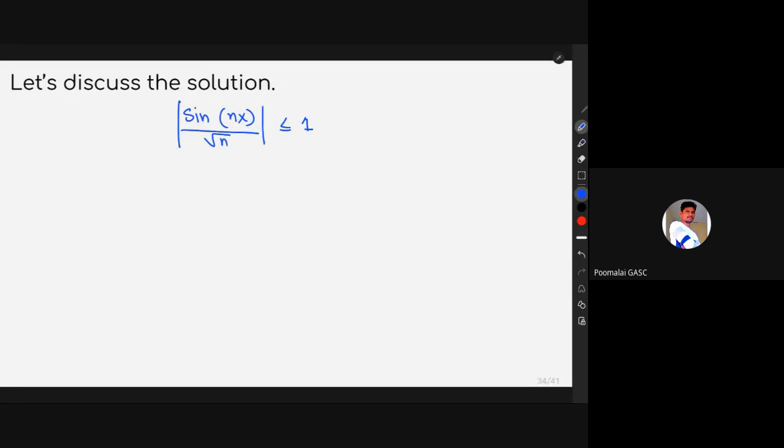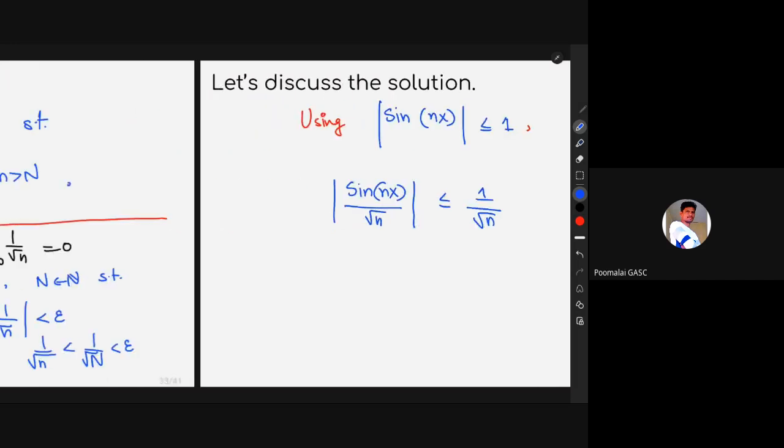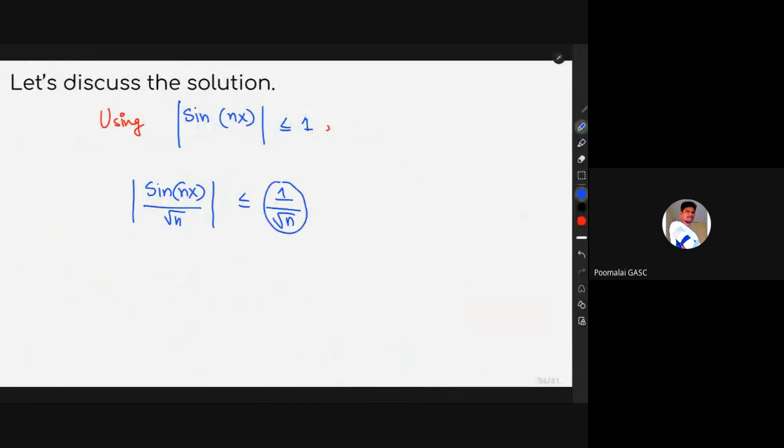Okay. So using this, what I will get is that this quantity, oh, sorry, yeah, only sine nx, this quantity is smaller than 1 over square root of n. Correct? And by our construction, this is smaller than epsilon.